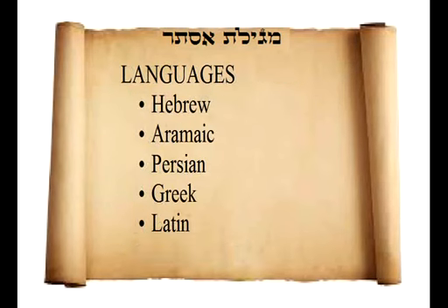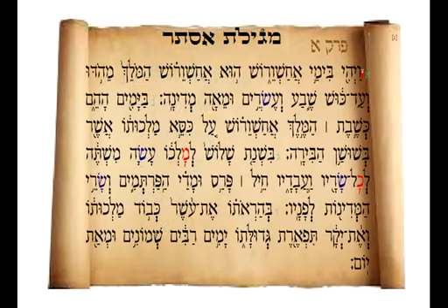As we go through this presentation, we will be looking at the impact of Hebrew, Aramaic, Persian, Greek, and sometimes Latin on the storyline, on the words, the names, as they become relevant. And now we will dive into the story in Megillat Esther, beginning with chapter 1.